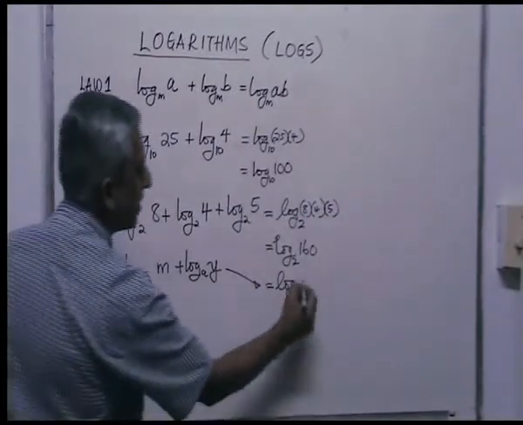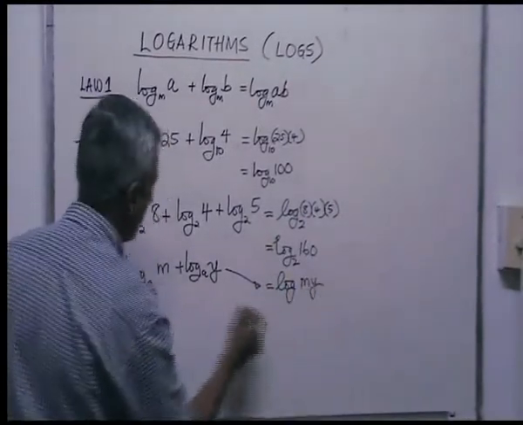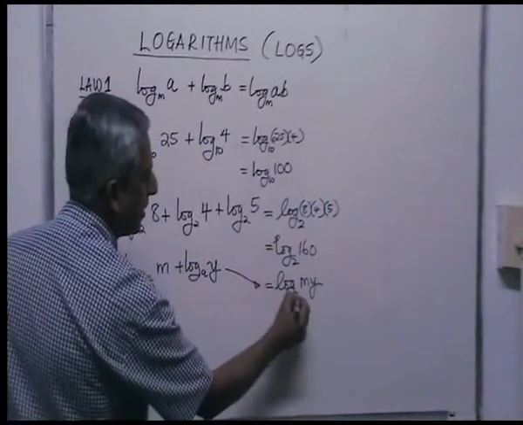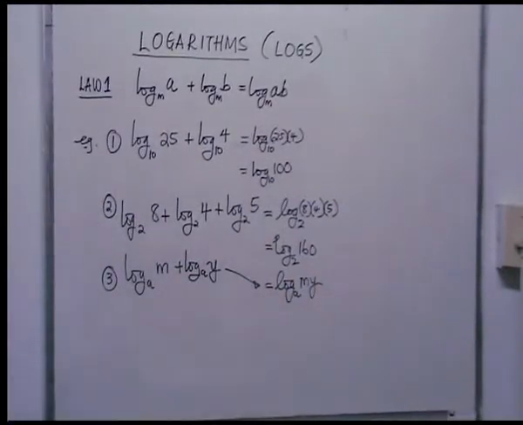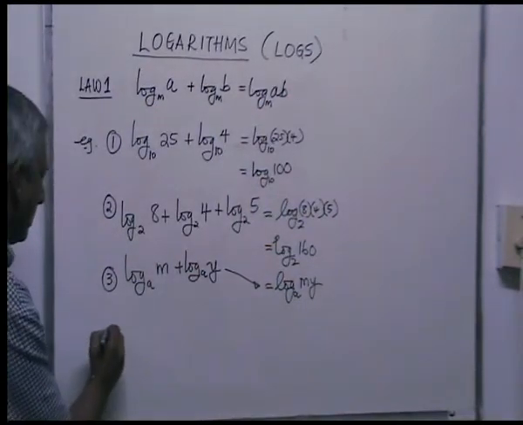M times y is my, and the base is a. So that's applying law number 1. Now let's do an example where the law can't work.